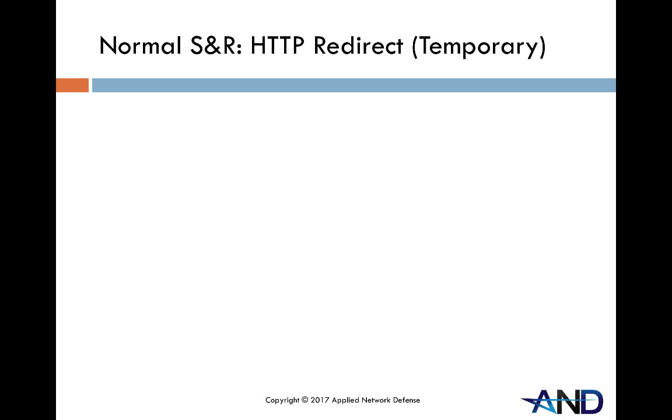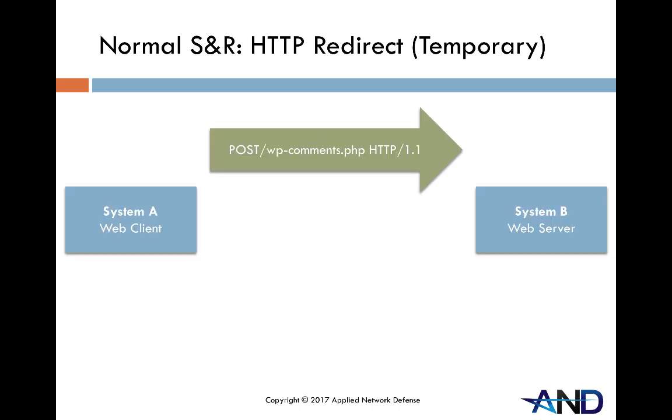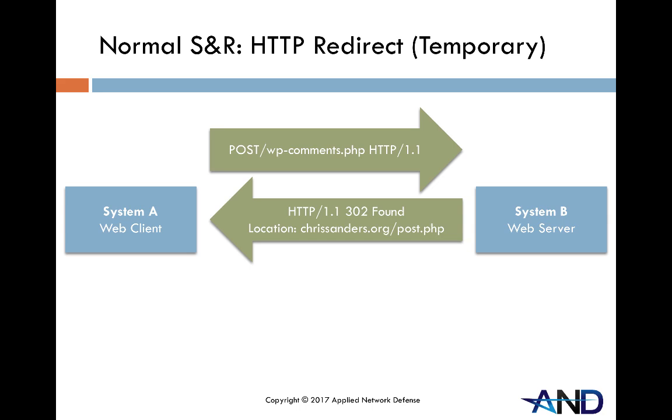Now let's look at that 302 response, and it's going to be a very similar process. In this case, the client is going to do a post to wp-comments.php. It's posting a comment, and once the server receives that data, it wants to redirect the user back to the individual post that they're looking at, and that's a page called post.php.